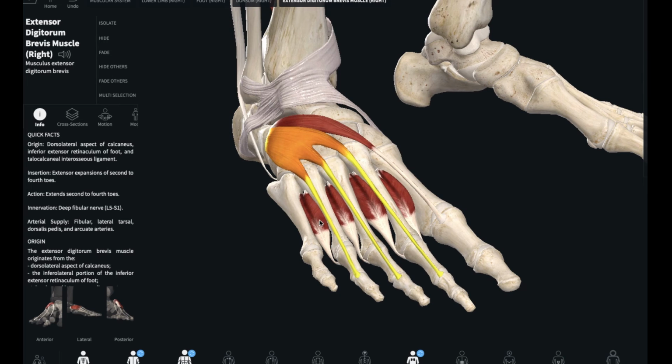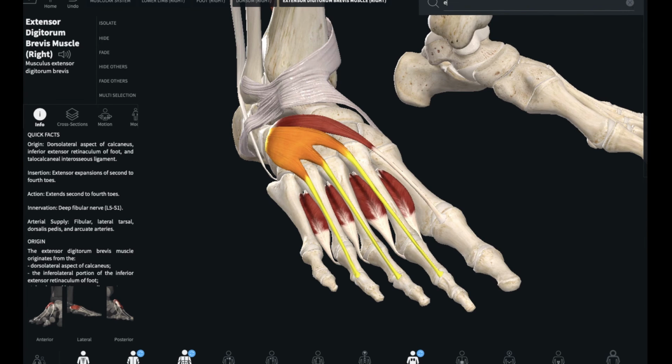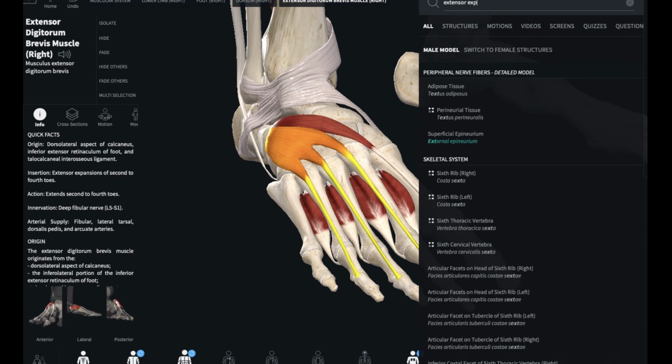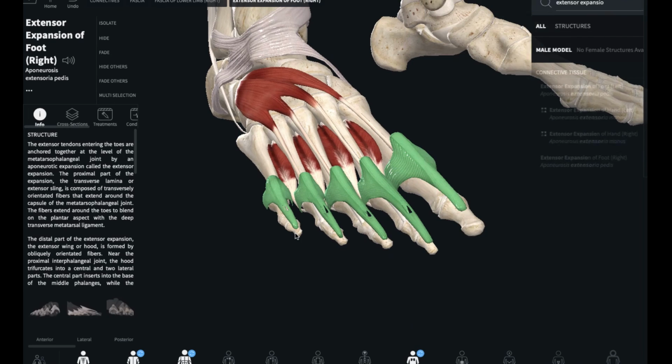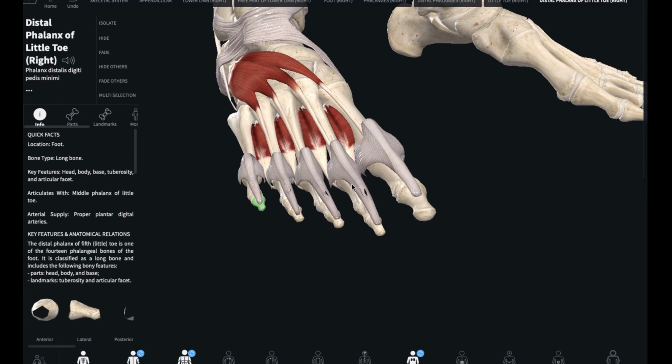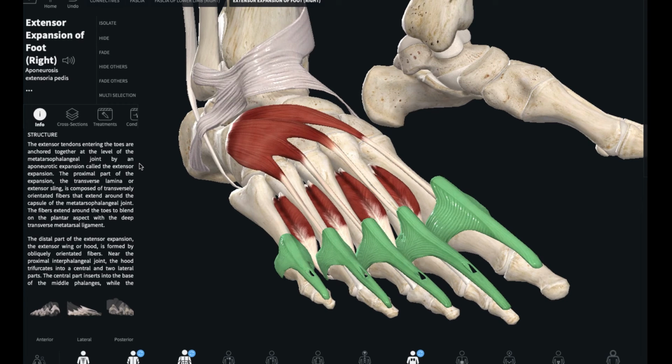and inserts to the extensor expansions. Now I notice the extensor expansions of the foot, that one. Now I notice that it's technically to the middle and the distal portion of the toes via a dorsal digital expansion into the middle and distal phalanges.